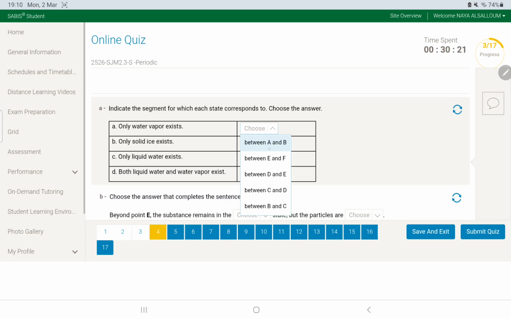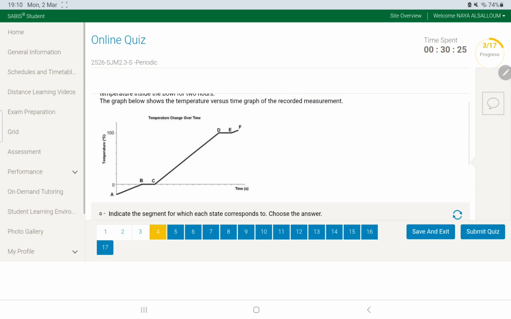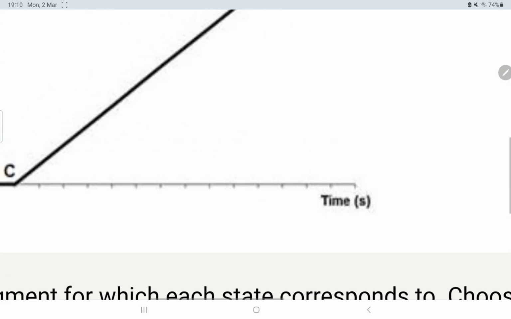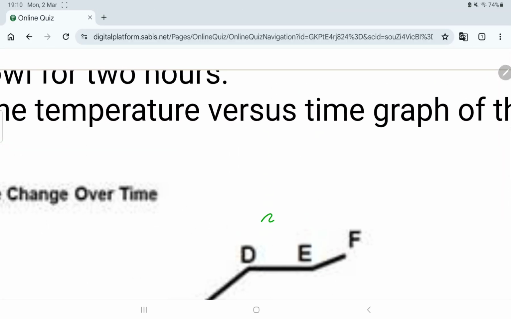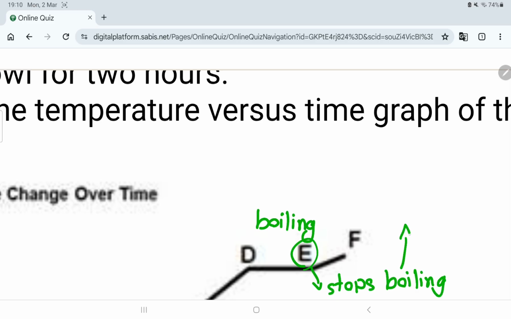So here, E, F. Now, just as a repetition again, D to E, it's boiling. Here, it stops. And then when it stops boiling, it's gonna be water vapor. I'm just gonna write water vapor. Okay?